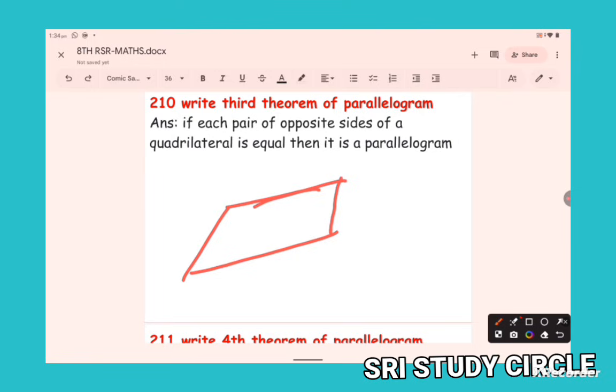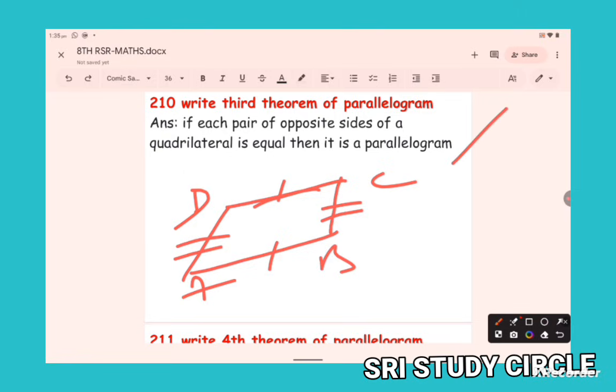In a parallelogram, the opposite sides are equal. So AB is equal to CD, and BC is equal to AD. If each pair of opposite sides of a quadrilateral is equal, then it forms a parallelogram.